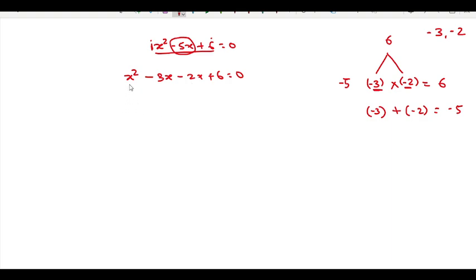Now what to do? Make the pairing. Take common here: x is common. What will remain? x minus 3. What will I take common here? I will take 2 common, so I will take minus 2 as common. I will tell you why we have taken the minus sign common. So take minus 2 common, so we will get x. Here we have already taken the minus sign common from plus, so minus sign will remain, into 3, is equal to 0.